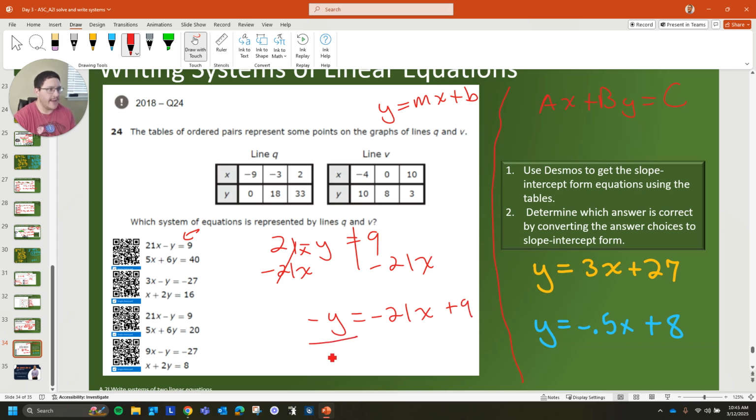I'm going to divide everything by negative 1. Negative 21 divided by negative 1 is just 21x. Looking at what I have here, none of the x's match. So this one, no good. Now I'm going to move on to the next one.